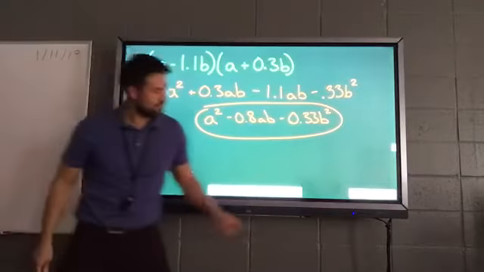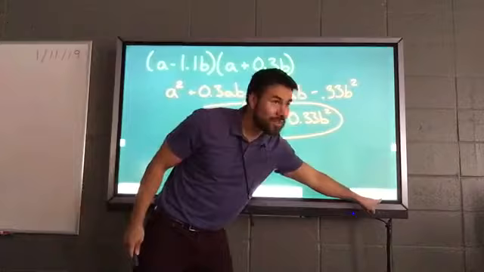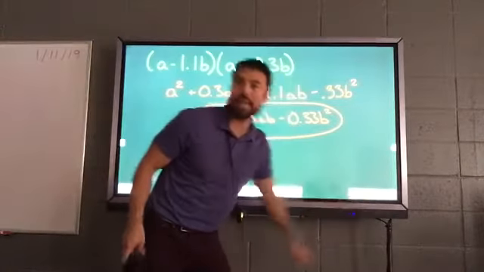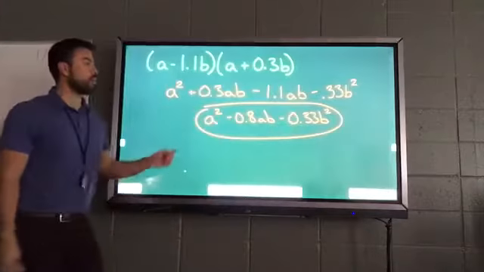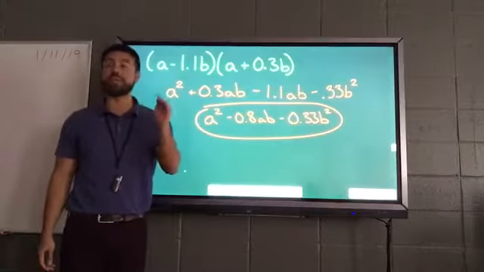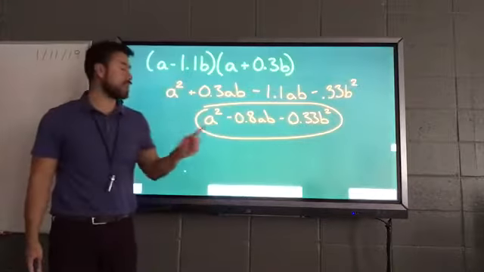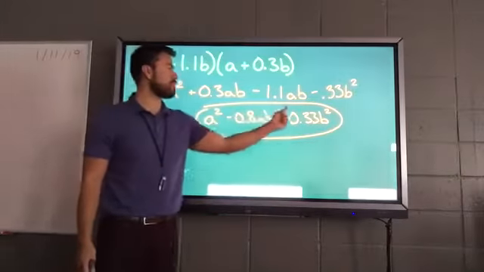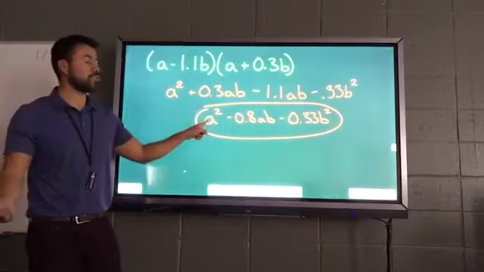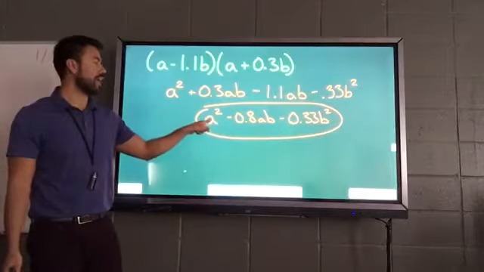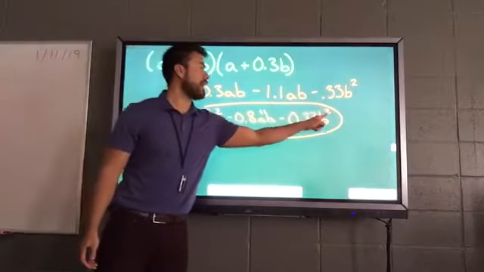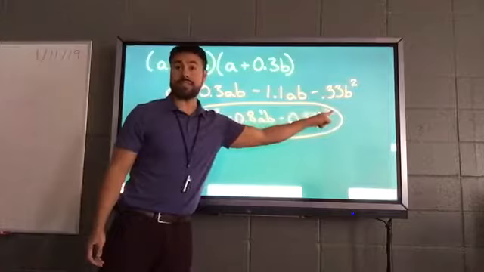Everybody be quiet. Listen, when you're doing standard form, I think what you guys are thinking of is degrees. I don't want the degrees of each monomial. I want to pick one of the variables, and in this case we picked a. What do we have? A to the second, A to the first, and A to the zero.